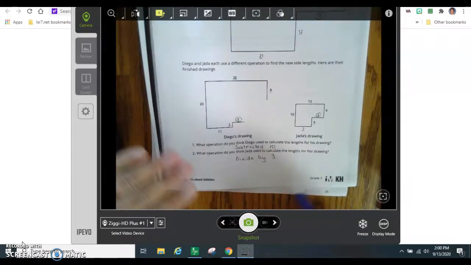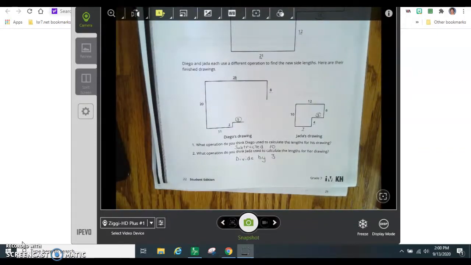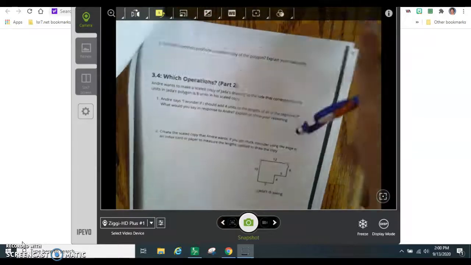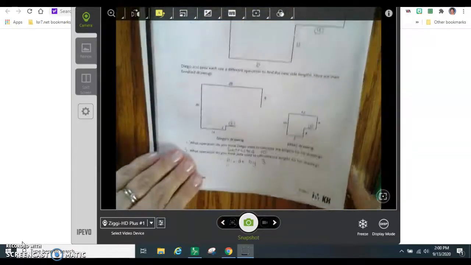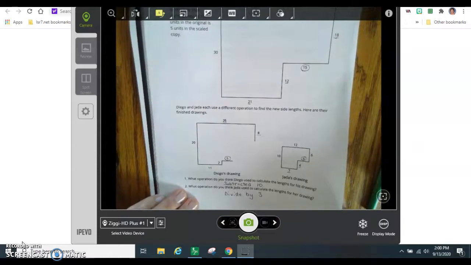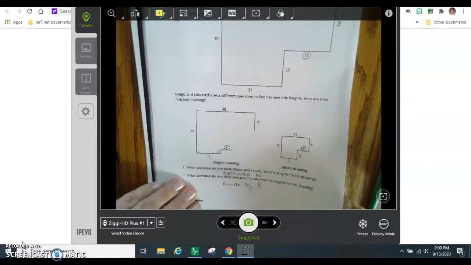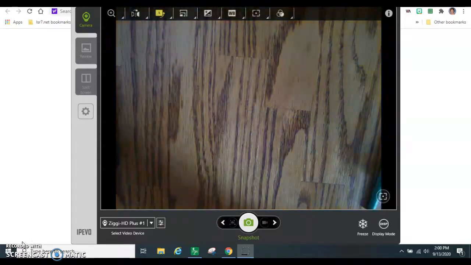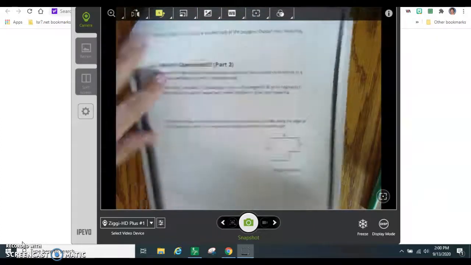Which one of these looks like it worked as a plan to make a scaled copy of this drawing? Well, if I look at those, which one do you think? Answer in the Edpuzzle and then come back. And it looks to me like Jada's drawing.